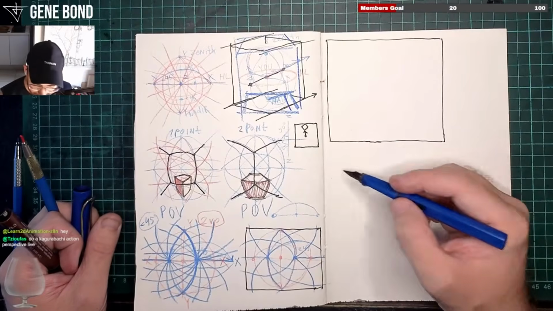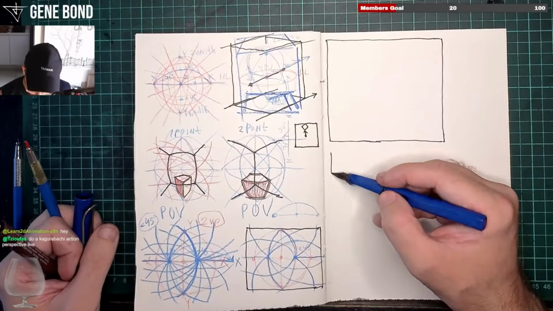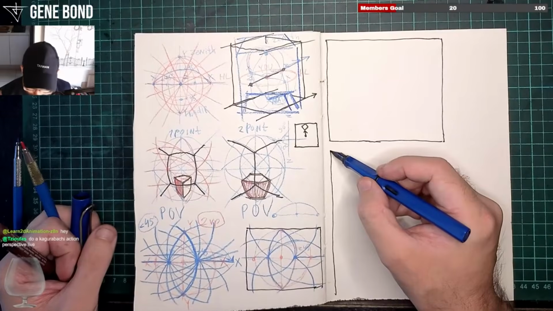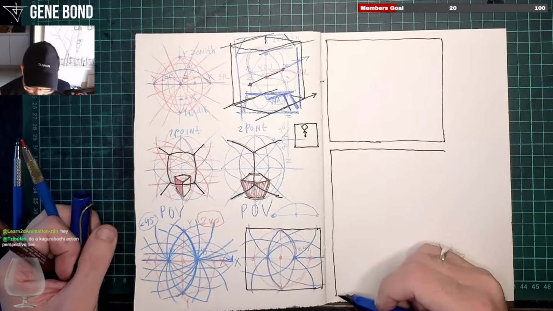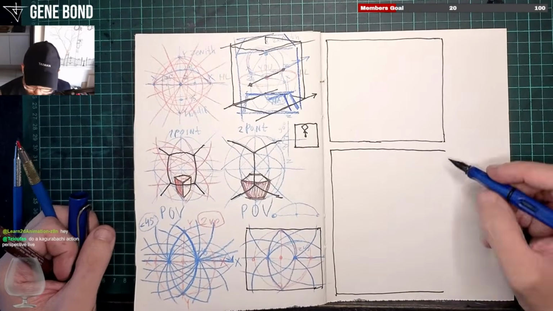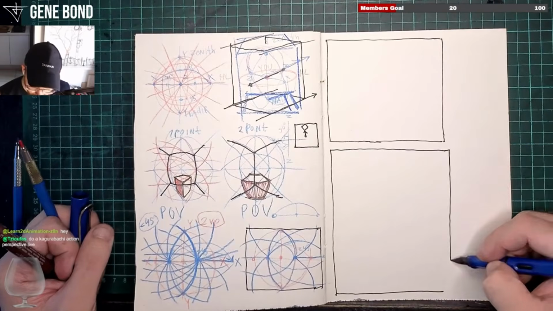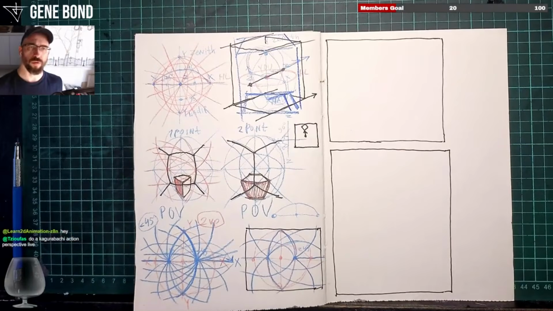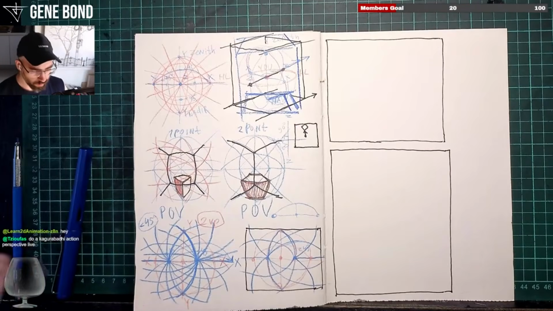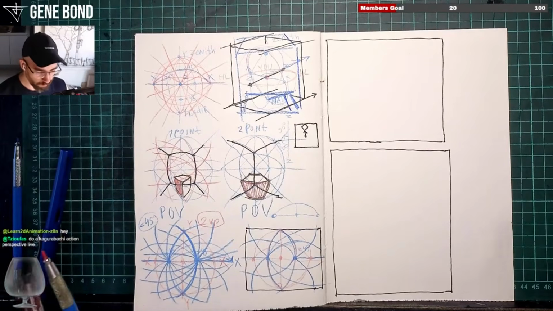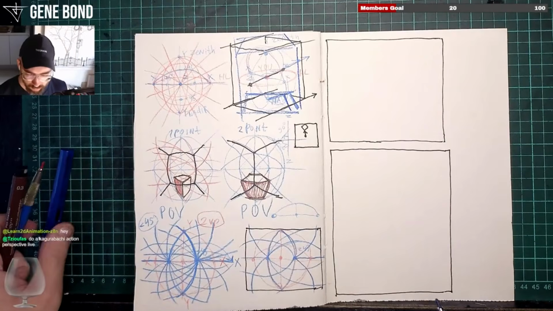And what also makes it special is being able to draw perspective freehand without using all these tools like in Procreate or something. Just use your hands and you can do whatever you want.